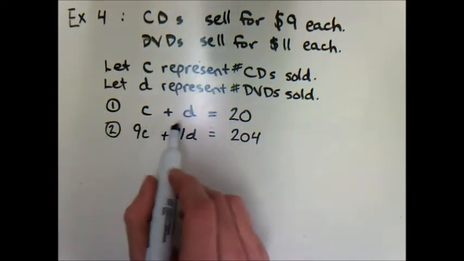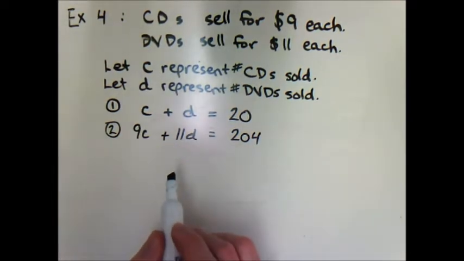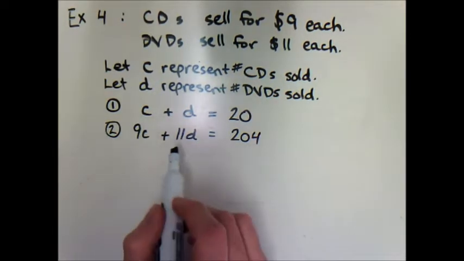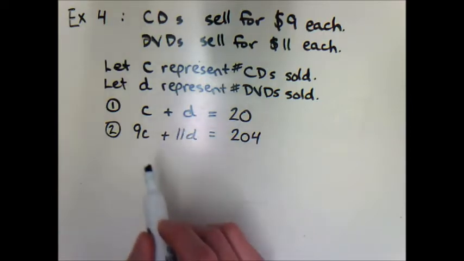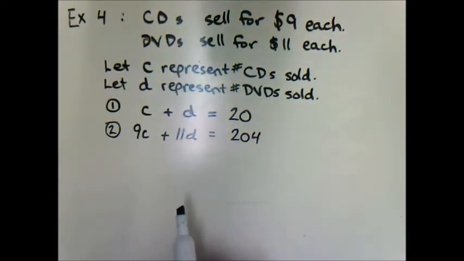Okay, I can't eliminate here. What do I need to do? I'm going to subtract one equation from the other one, but if I do that right now, I won't eliminate any of the variables.